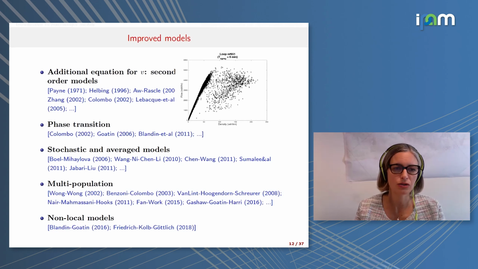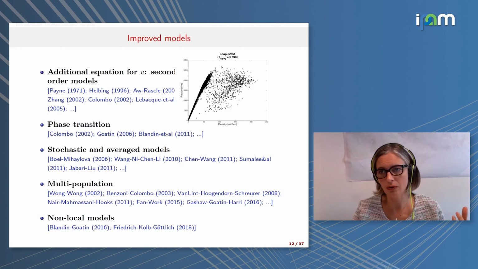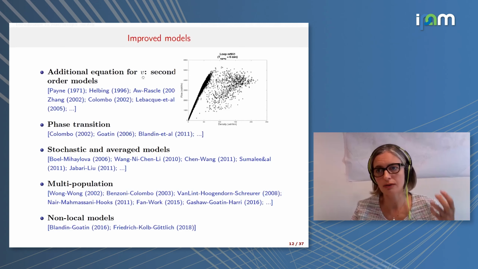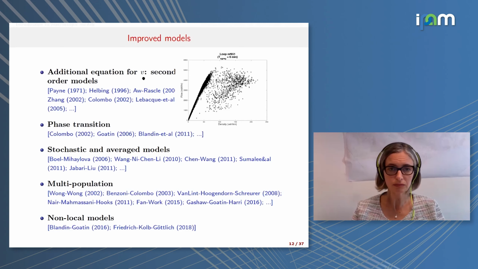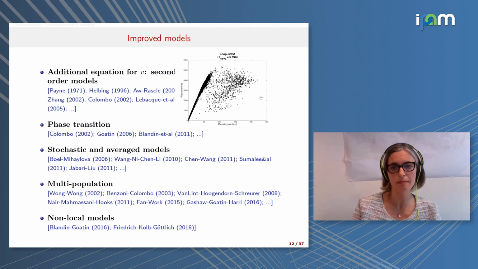So as you saw last week in Ben's presentation, there are what are called second order models, in which V is not anymore assumed as a function of rho, but it's an unknown by itself. And we have a second equation for V itself. In this way, we can better capture the scattering of the data in the congested region.